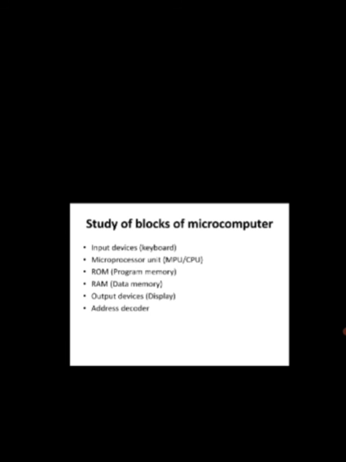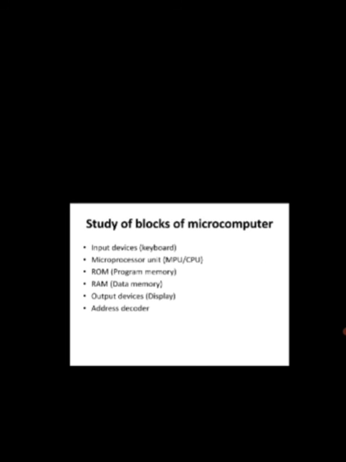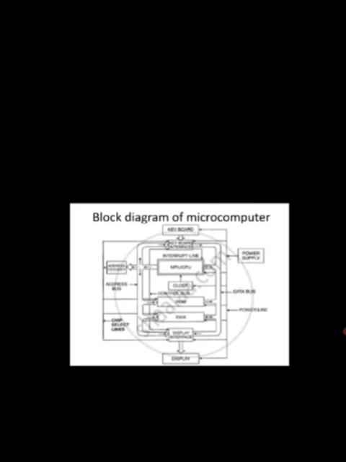The next is the output device, that is the display. You can see here the display. In this block diagram you can see that the input was the keyboard. The output of the system is displayed through the display interface.